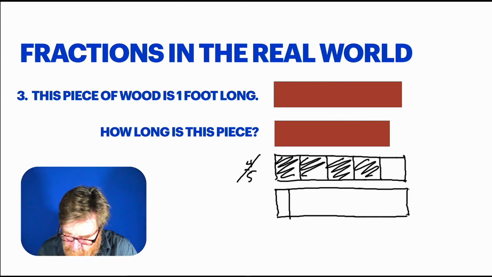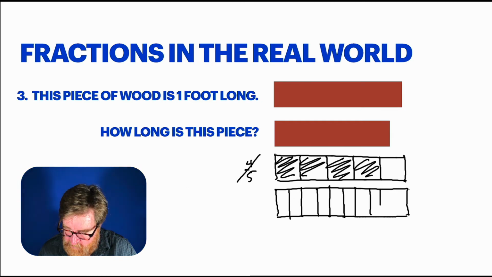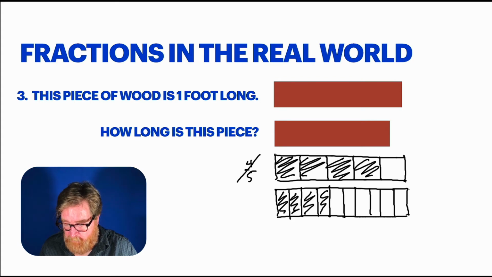So it's like 1, 2, 3, 4, 5, 6, 7, 8, 9, 10. Look at this. If we now shade up 3, 4, 5, 6, 7, 8, 9, that looks pretty good.